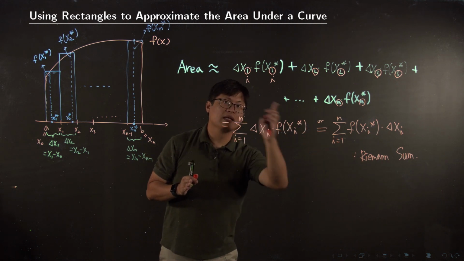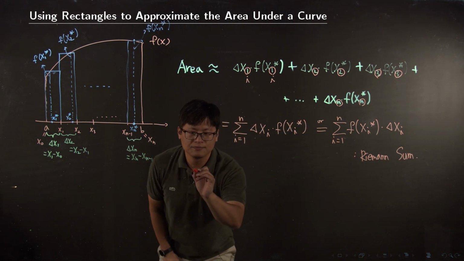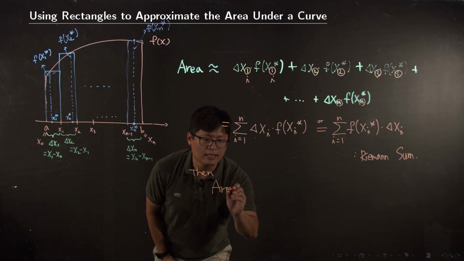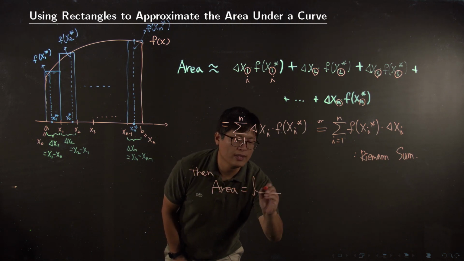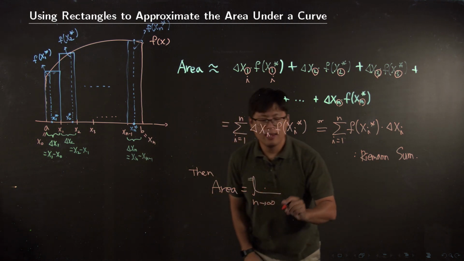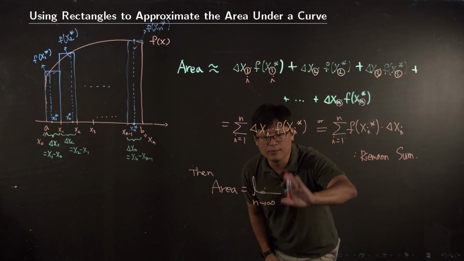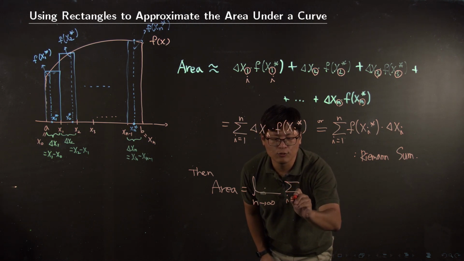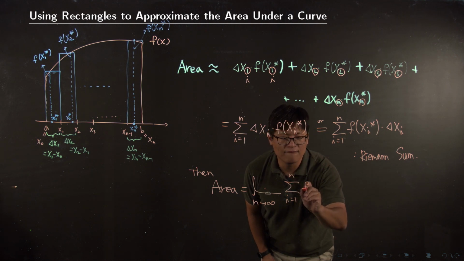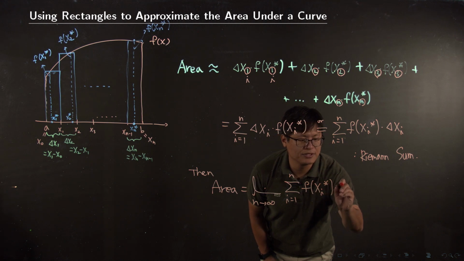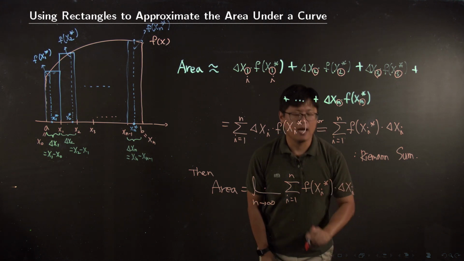This Riemann sum is still an approximation, but the real, exact area is equal to the limit as n goes to infinity, which means you can have infinitely many rectangles, of the sum from i equals 1 to n of f of xi star times delta xi, right?